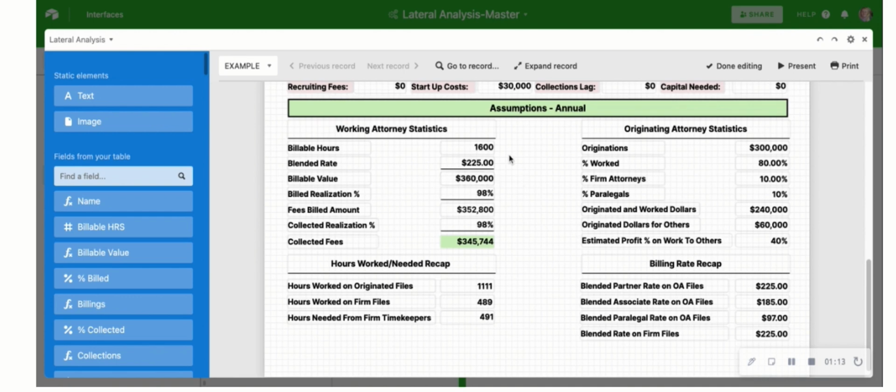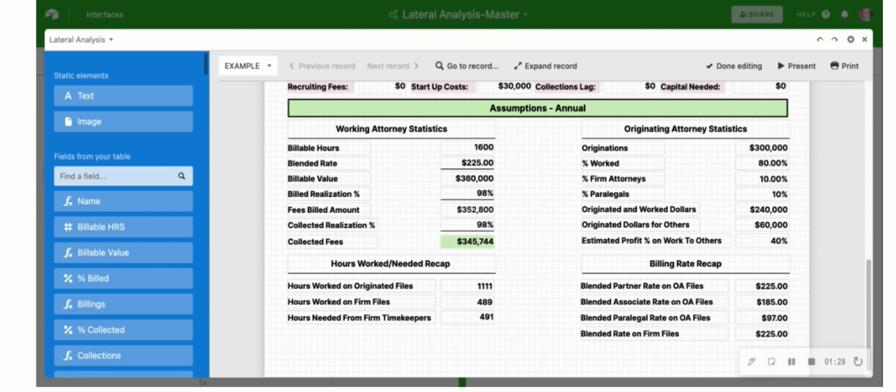The billable value is calculated out of multiplying these two numbers together. And the realization, which is how much work that they do that actually gets billed, that's something that's an estimate usually.